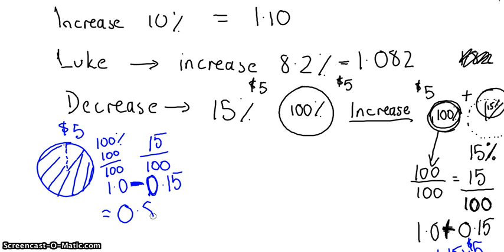And when you do that, that gives you 0.85. And when you multiply that by $5, you get $4.25.